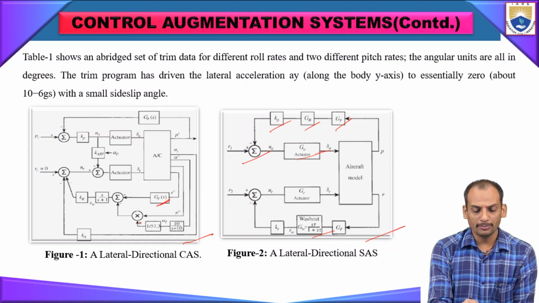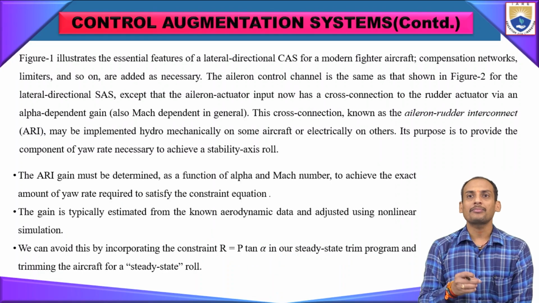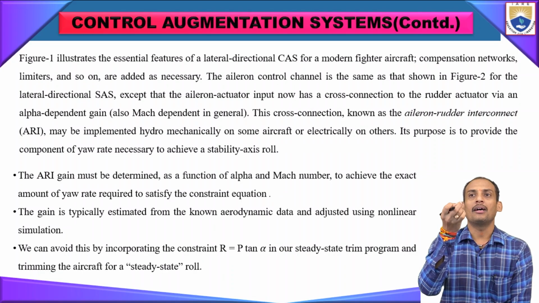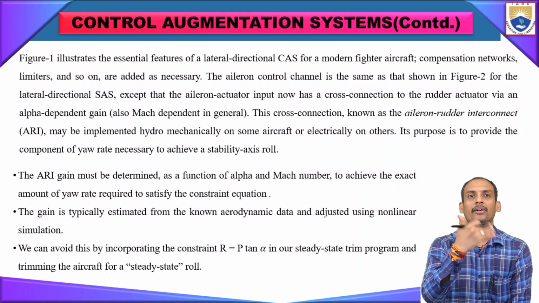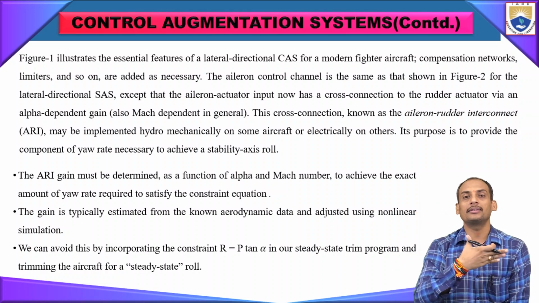That loop is summed up at that amplifier, and from that amplifier the feedback is given to the total summing amplifier. The cross connection to the rudder actuator via an alpha dependent gain has been installed here to make the rudder connection.